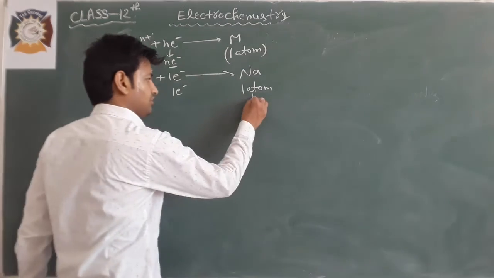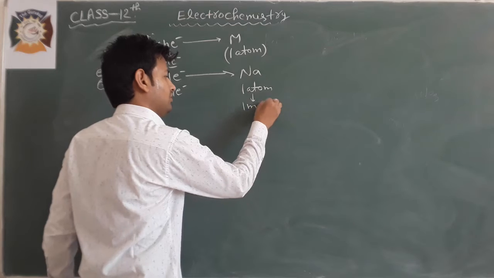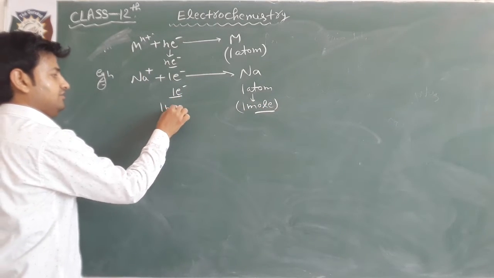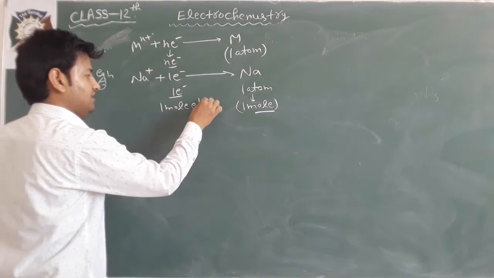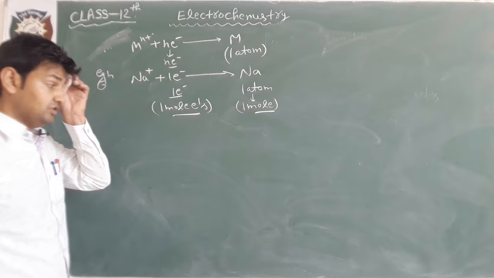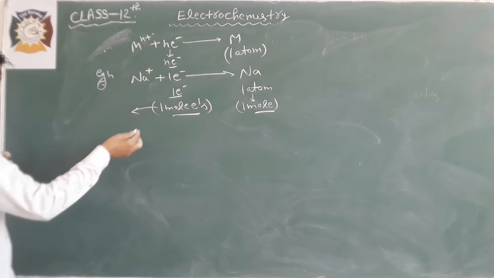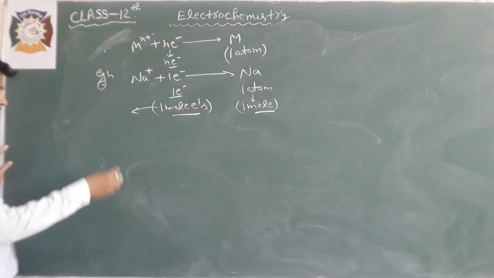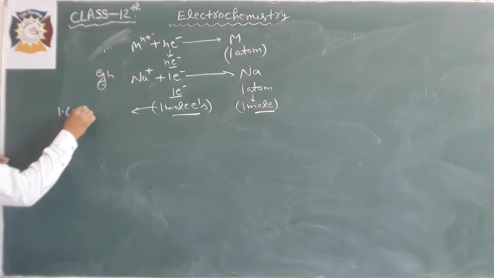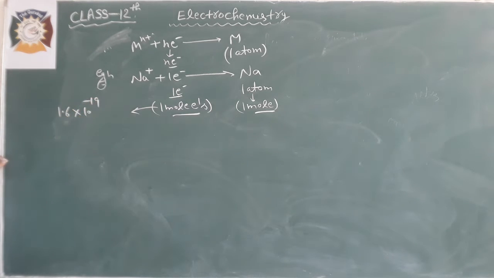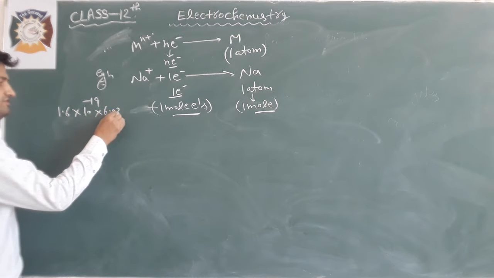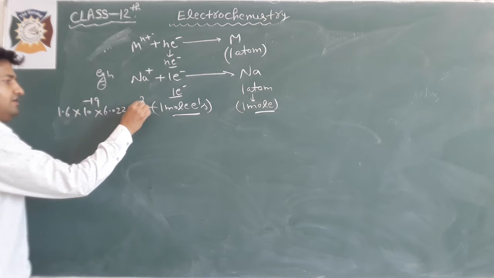If we want to deposit 1 mole of sodium, then 1 mole of electrons is required, and the charge on 1 mole of electrons is the charge on 1 electron, 1.6 times 10 to the power minus 19, multiplied by 1 mole, which is the Avogadro number 6.02 times 10 to the power 23.